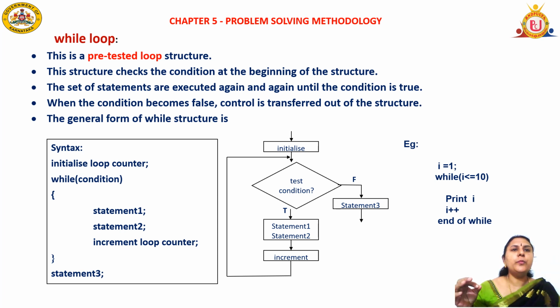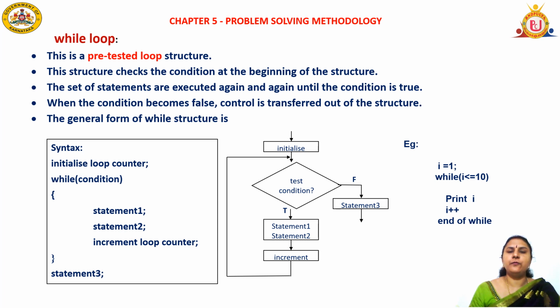The general form of the while structure is: first initialize the loop counter, then while condition. If the condition is true, it will execute statements 1, 2, and increment the loop counter, then close. If the condition is false, it will come to statement 3.